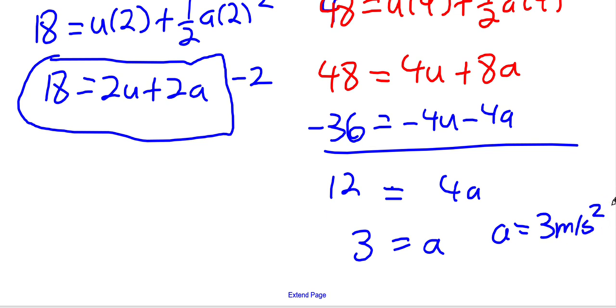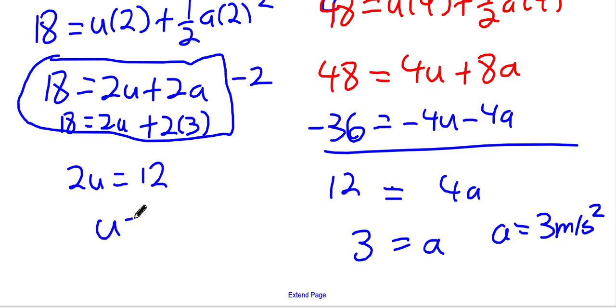And then I'm going to sub in that 3 up here. That means 2u must be responsible for 12, because 12 plus 6 is 18. So I get 2u equals 12, and that puts my u value at 6, solving the simultaneous equations.